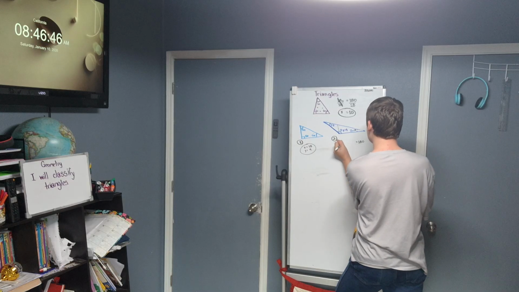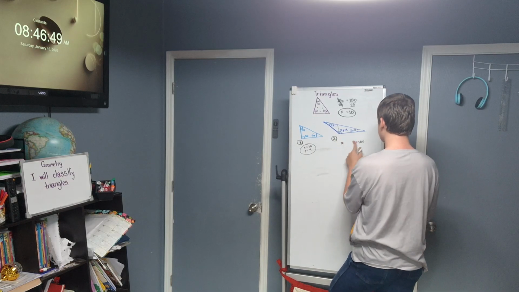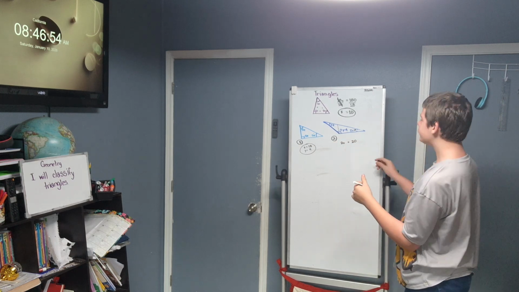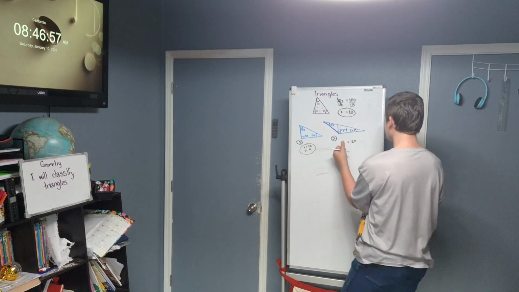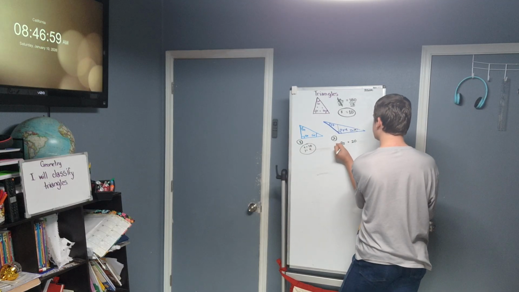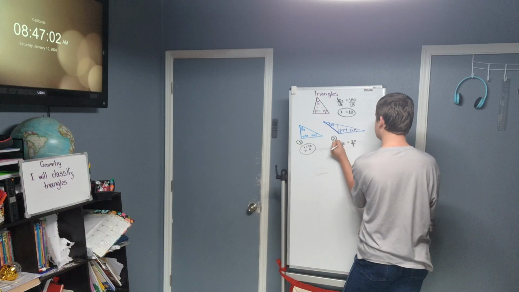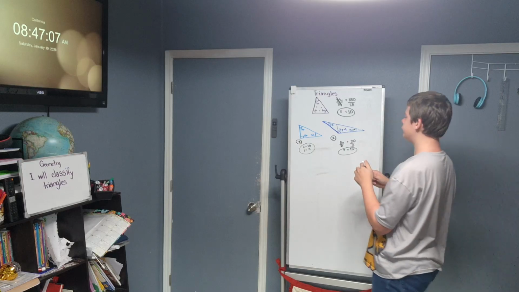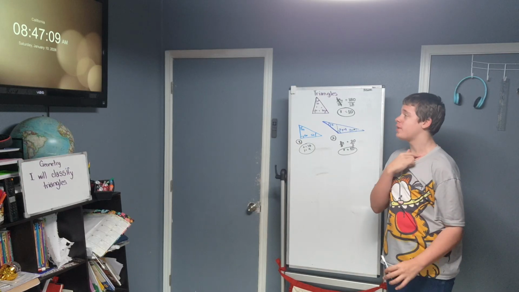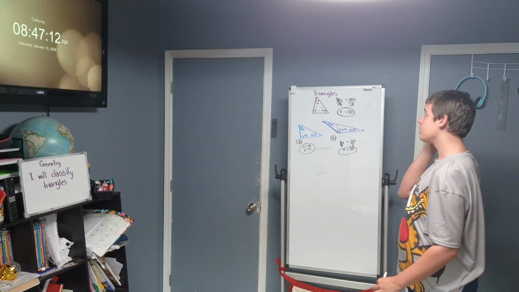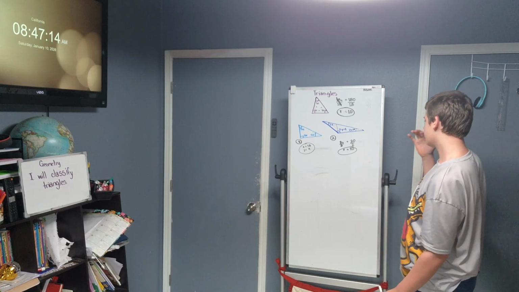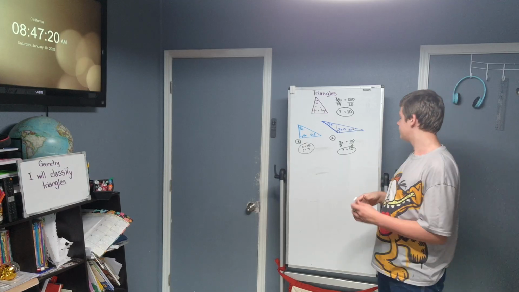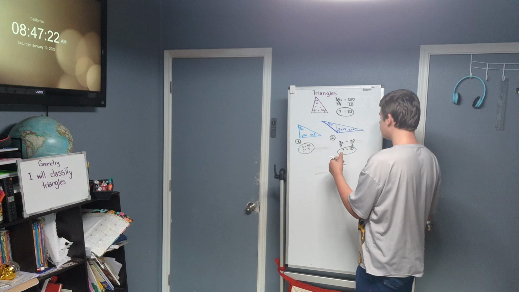So 2x equals 20. We're solving for x, not y, not z. So we divide by 2 here. We have x is equal to 10. We're going to learn about the theorem of it the next time that we meet. So, x is equal to 10.